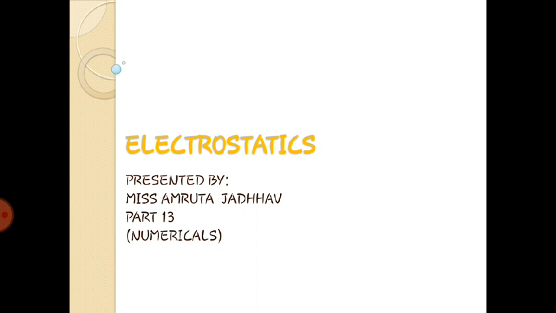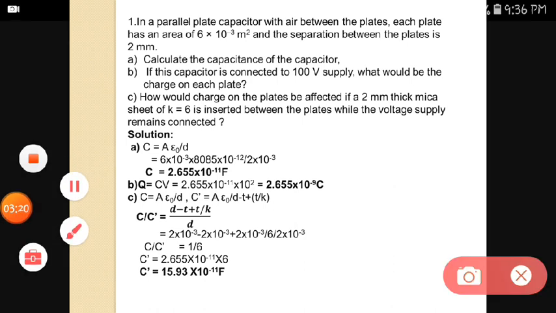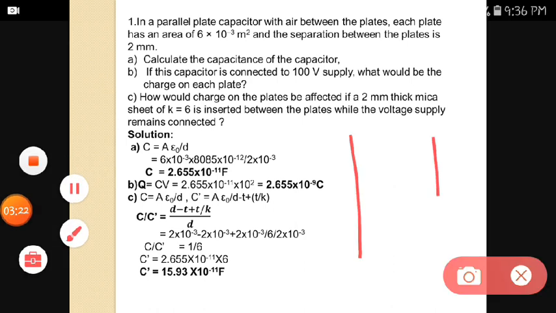Okay, so let's move towards our numerical part, in which we are going to study the same type of example. The first example deals with the same concept we have just discussed. Let us see what it is.